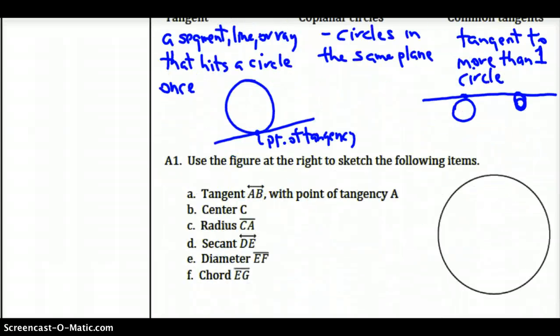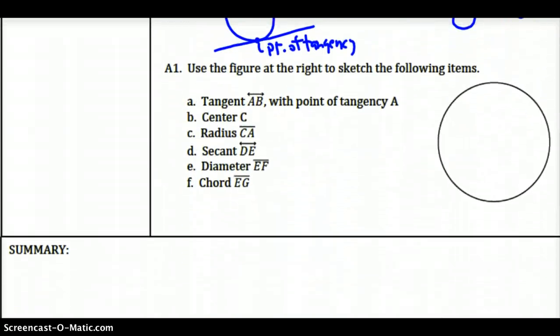Now our first practice problem here is to go ahead and identify some of these critters. Tangent AB with point of tangency A. So I can go ahead here, and it's a tangent line, so I have to make it a line. A here and B can be anywhere else. Center C, do your best to eyeball it. Put the letter C off to the side here. Radius CA, it's right there. Put an R there.